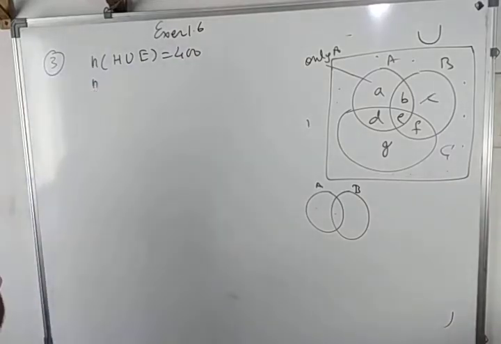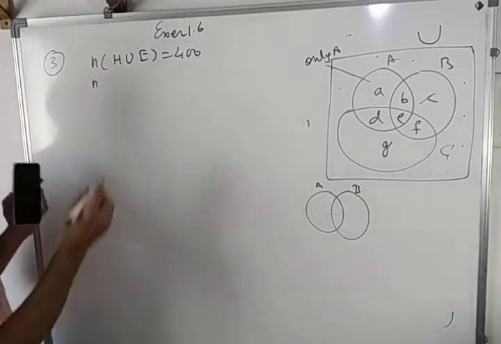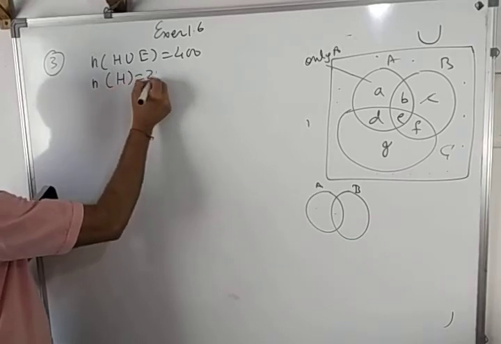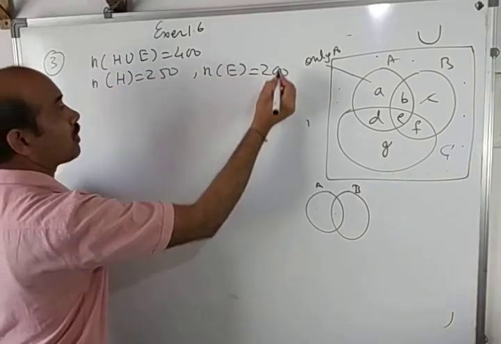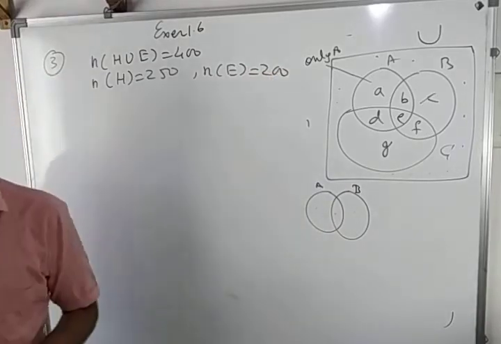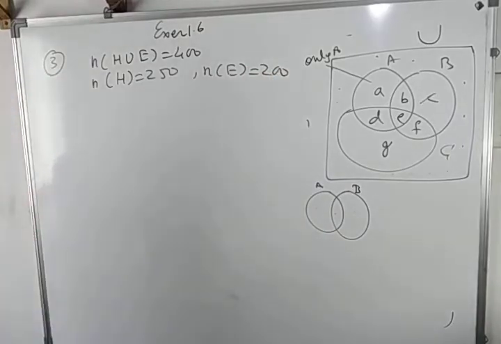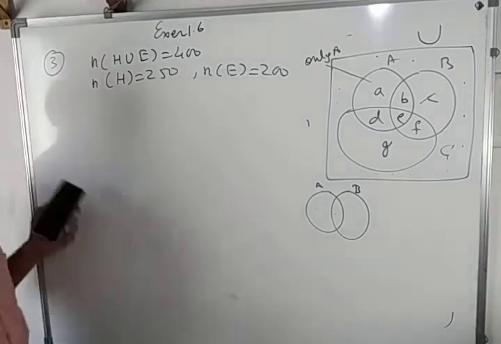In a group of 400 people, 250 can speak Hindi and 200 can speak English. So the Hindi and English numbers are given.